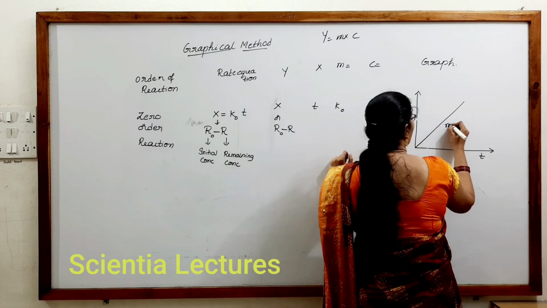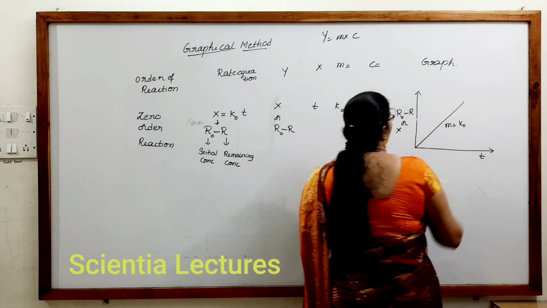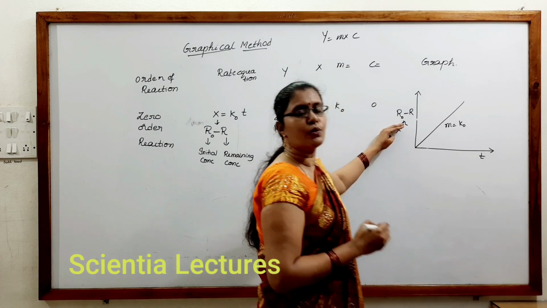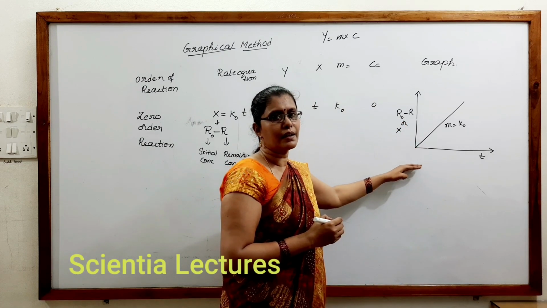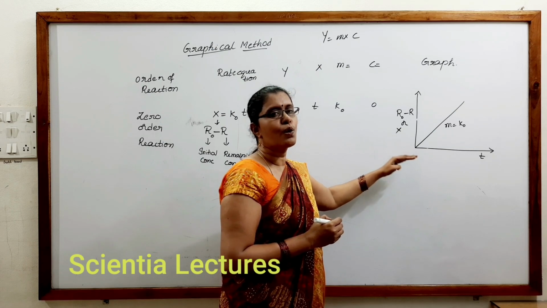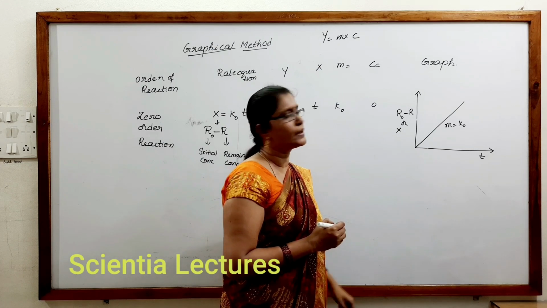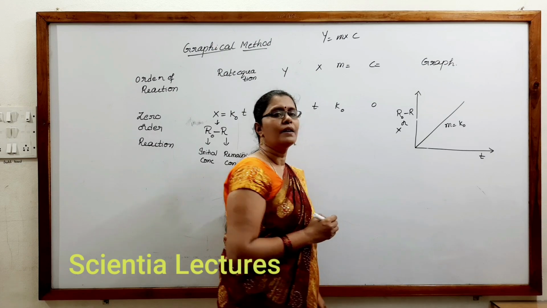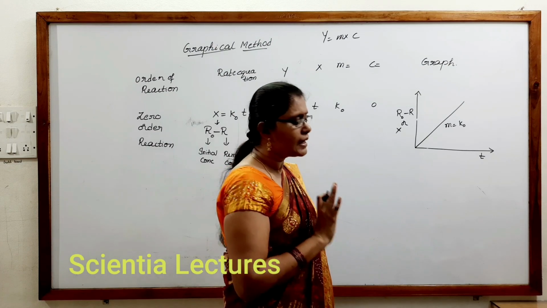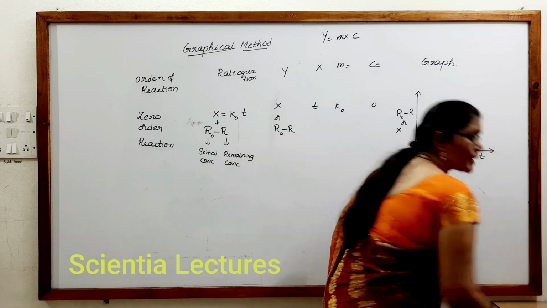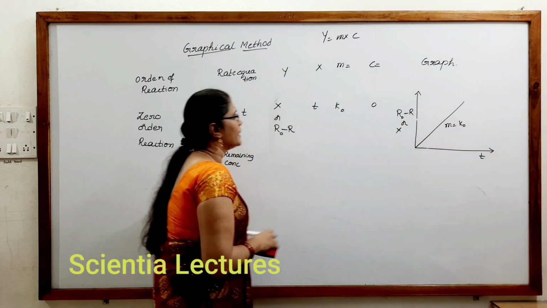So slope is equal to K naught. Remember that if reacted amount is taken in the y-axis and T in the x-axis, slope is equal to the rate constant of a zero order reaction, and the straight line passes through the origin because there is no y-intercept.